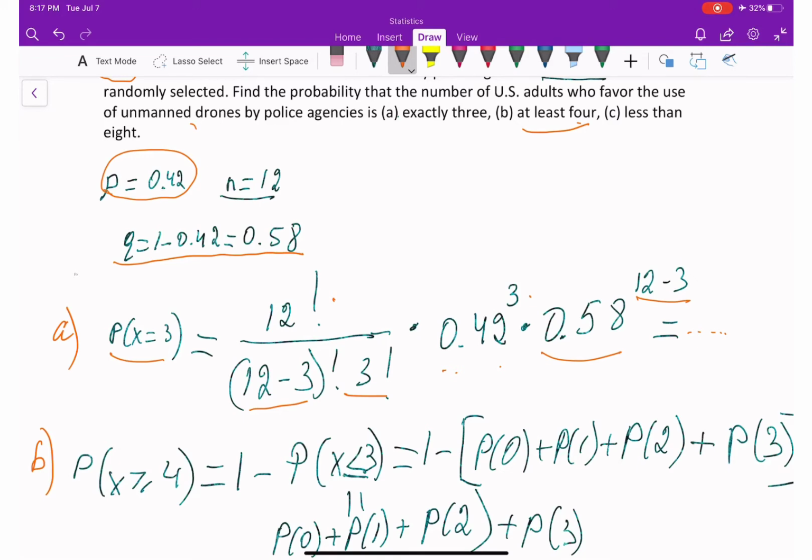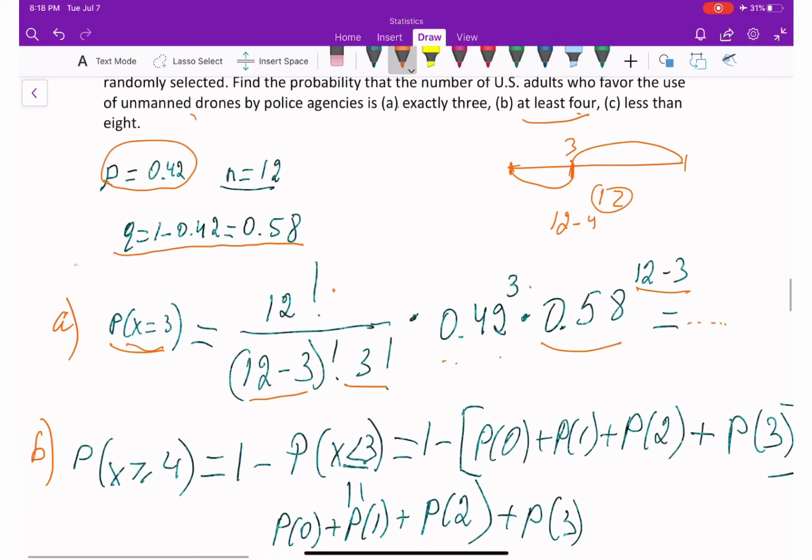Or, if we have the probability of 3, with total sample size 12, if I do 12 minus 3, I will get the rest, correct? But instead of sample size 12, we are dealing with probability. So this will be the probability for 3.